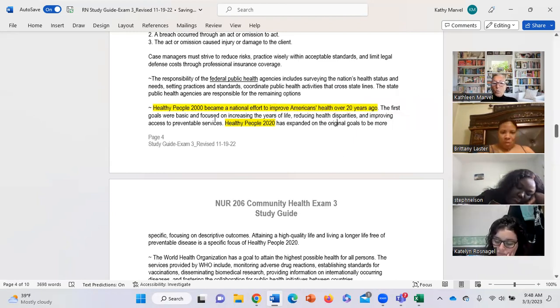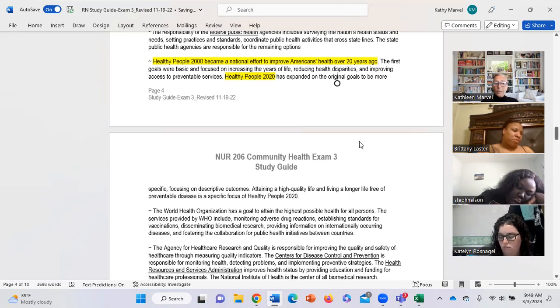We used to just focus on increasing years of life, reducing health disparities, improving access to preventable services. Now in 2020 and 2030, they have expanded those original goals, right? They're now more specifically focused on more descriptive outcomes.